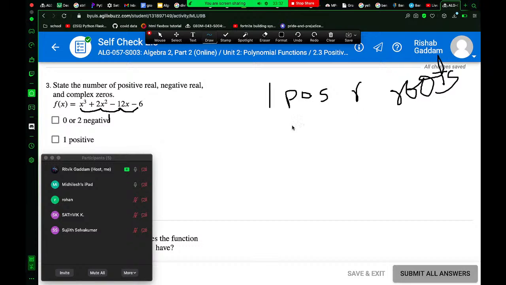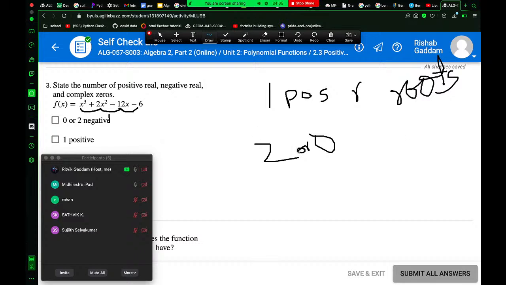Okay, thank you. But if you have anything more than 1, then it can be anything less than that by an even number. So basically, if you have 2 sign changes, then there can be 2 or 0 positive real roots to this equation.